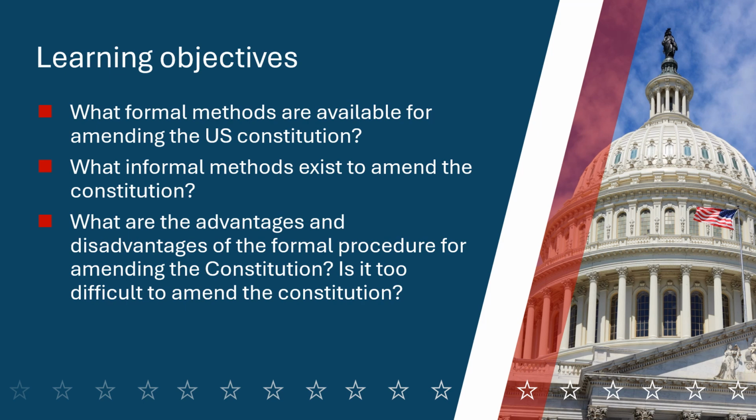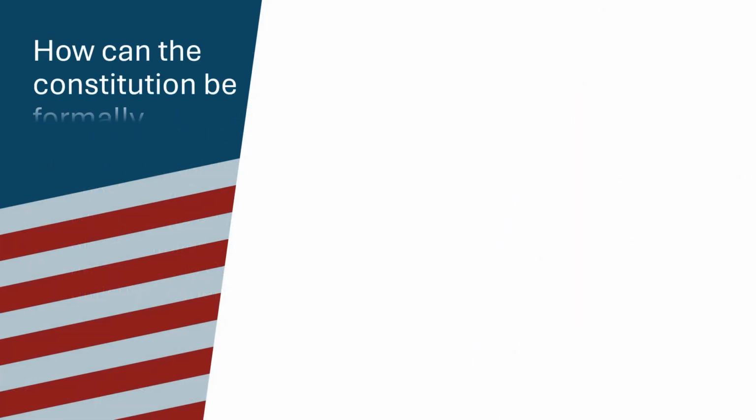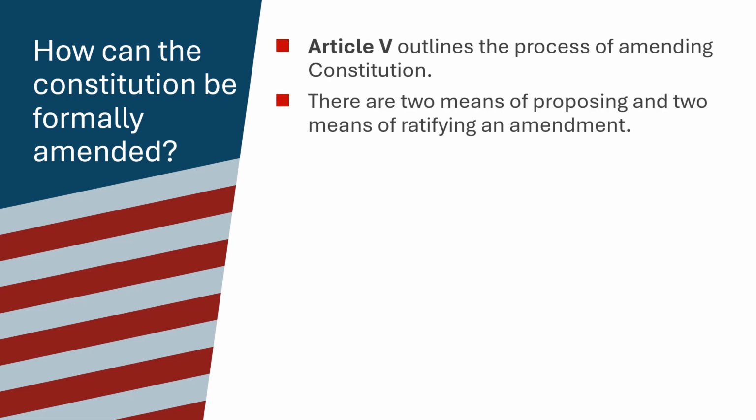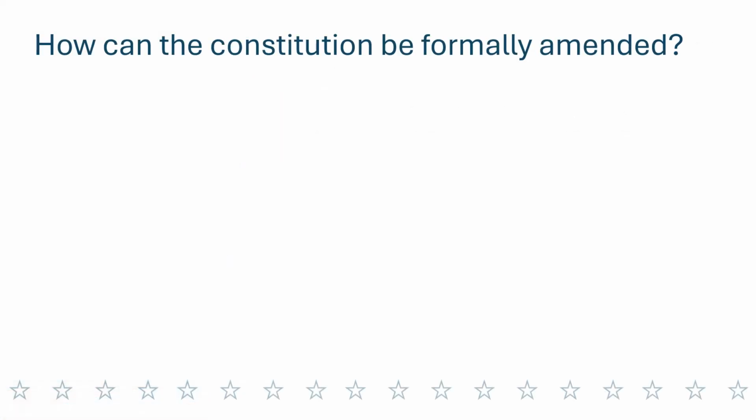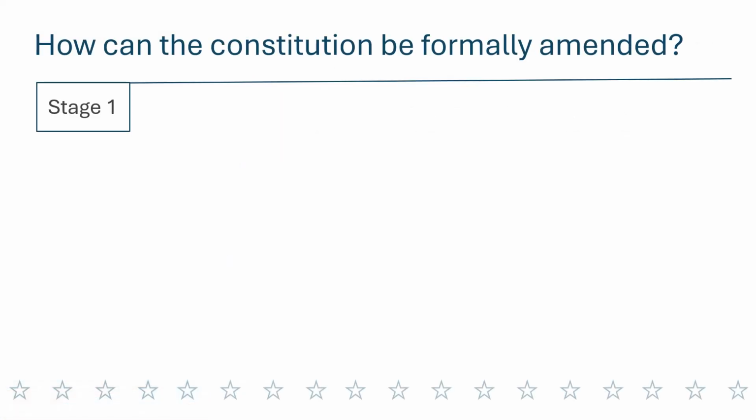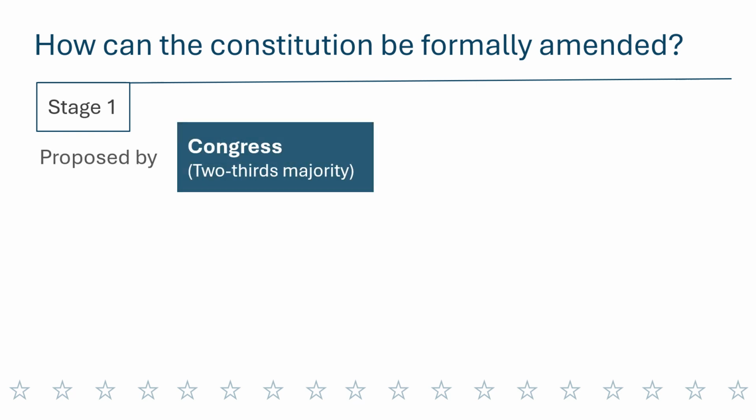The formal process of amending the Constitution is outlined in Article 5. It provides two means of proposing and two means of ratifying an amendment. An amendment can be proposed by one of two methods. Firstly, Congress can propose an amendment, passing the measure with a 2/3 majority.